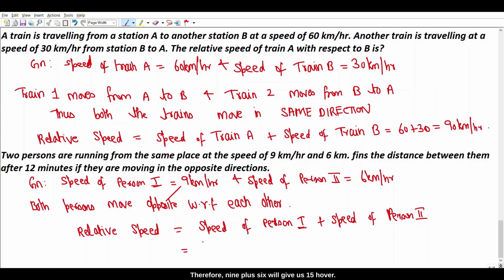Therefore, 9 plus 6 will give us 15 km per hour. We need to know the distance between them after 12 minutes.